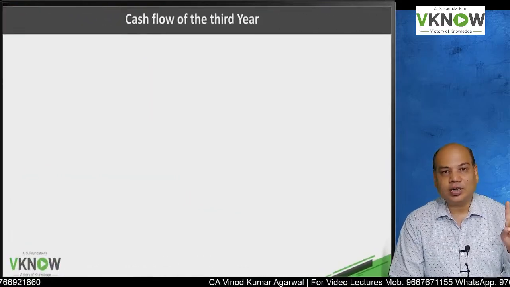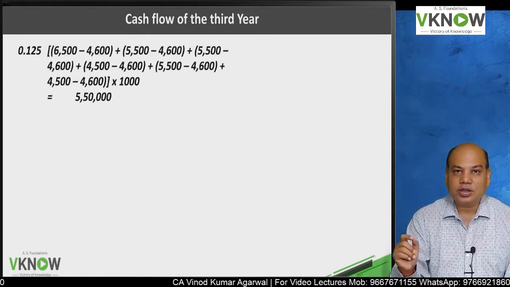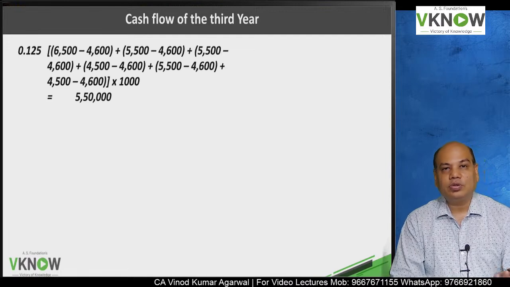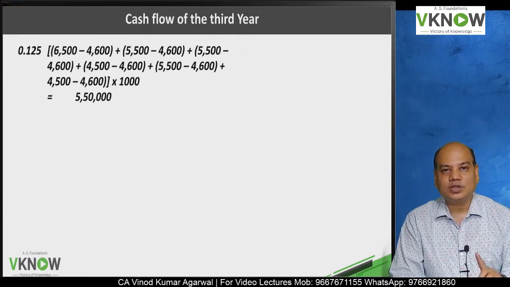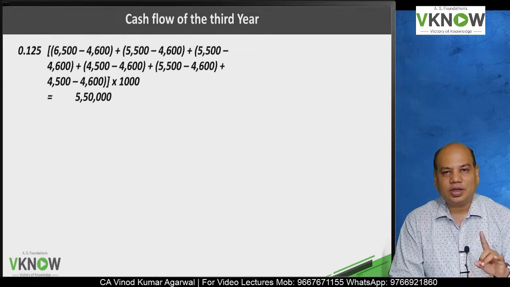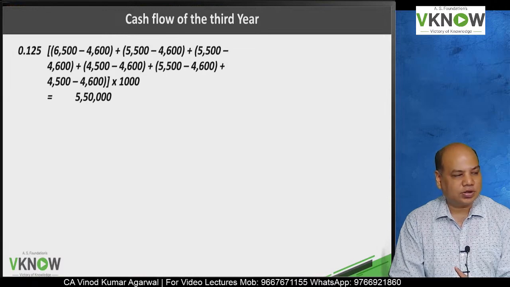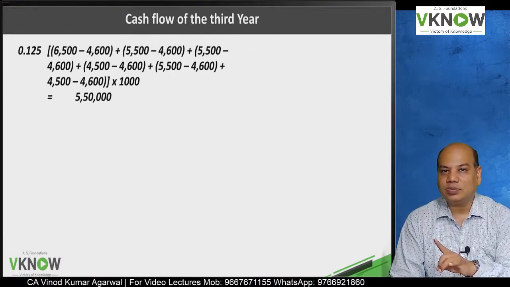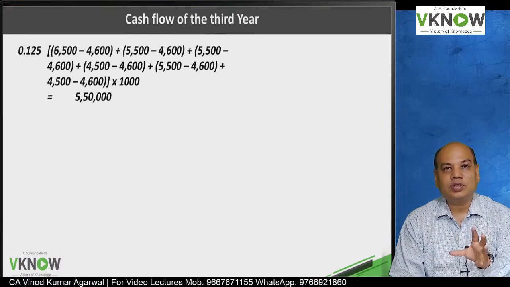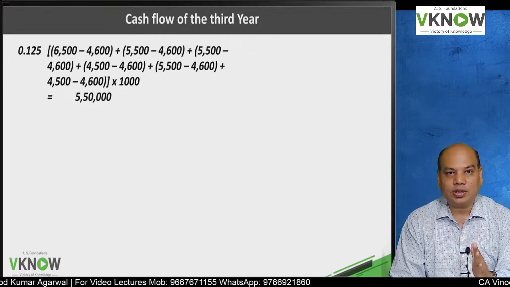Keep looking at diagram number 1, third year. Only we are going to take the first 6 numbers in the calculation. I will not take the last 2 numbers. Probability of each number does not change. Probability remains 0.125 only.